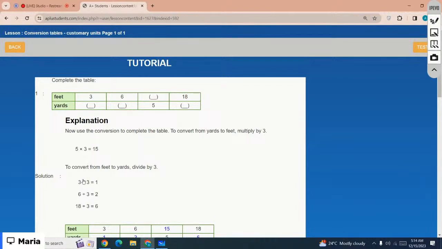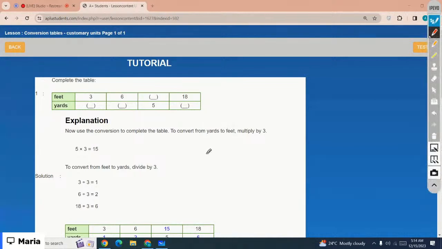Yards is a bigger unit, right? And feet is a smaller unit. 1 yard equals 3 feet. You must keep them in your mind. 1 yard equals 3 feet, right? So you are given the feet.